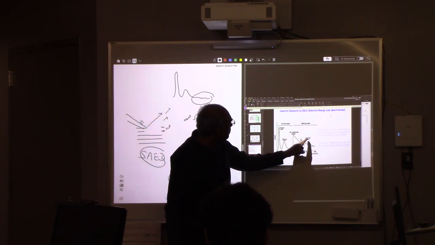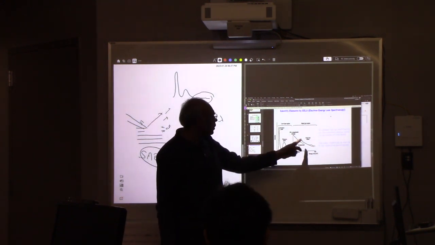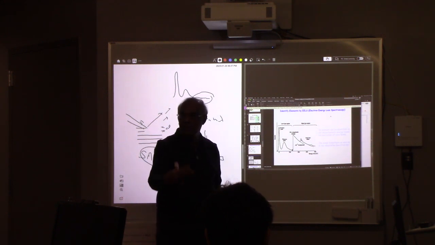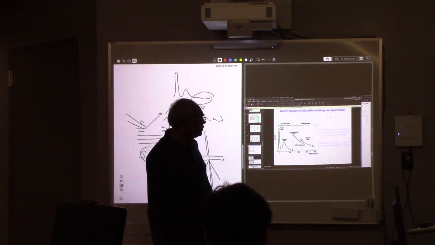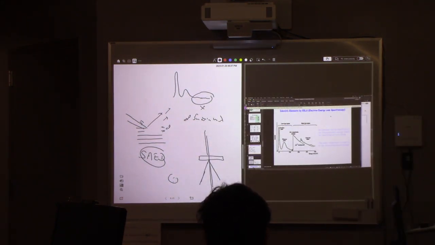These features mostly come from the core electron loss, so from there you can get information about what material, what core electrons are coming out. This is also very nice. That's called EELS. There's also something called high resolution EELS and different things, but everything is on the same principle. You can get information about your material by looking at these peaks. We know which energy corresponds to what material, right?